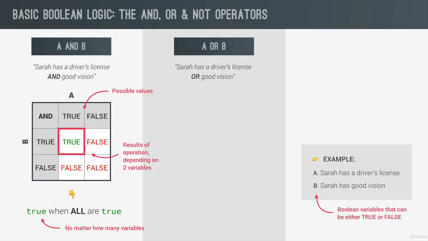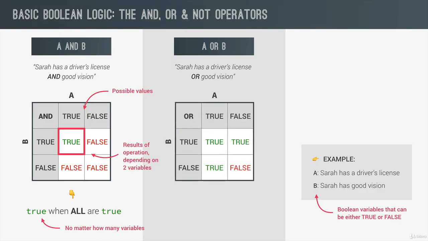And in fact, a look at the truth table confirms exactly that. So unlike the AND operator, even if one of the variables is false, the outcome will still be true. Or in other words, if either A or B is true, then the OR operation becomes true as well. And that's why it's called the OR operator.